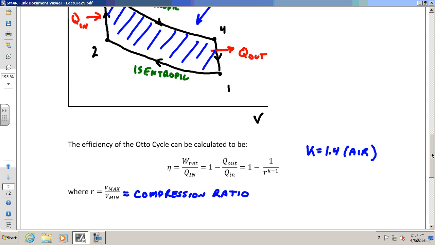Problem. The problem is that when I compress the air-fuel mixture too much, it ignites. Yep, it's called auto ignition, better known to the general public as knocking. Your engine will begin to knock if you compress that too much. What happens is it ignites before you want it to.